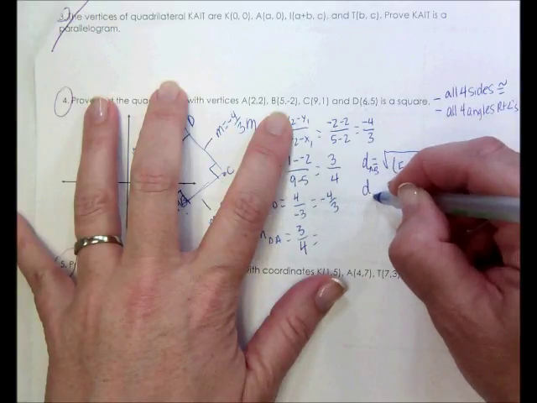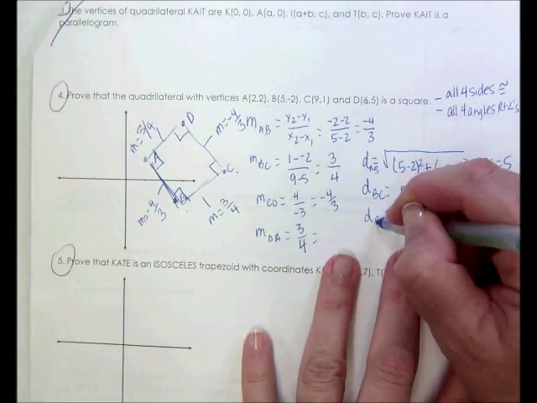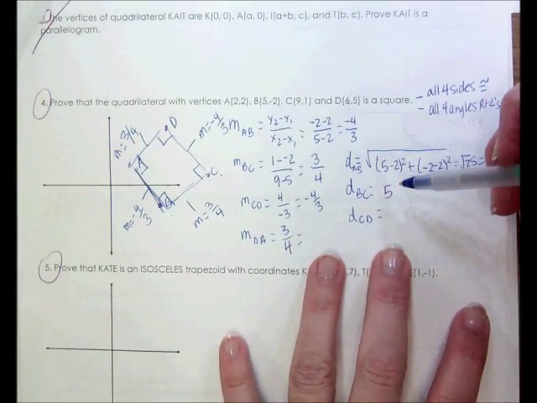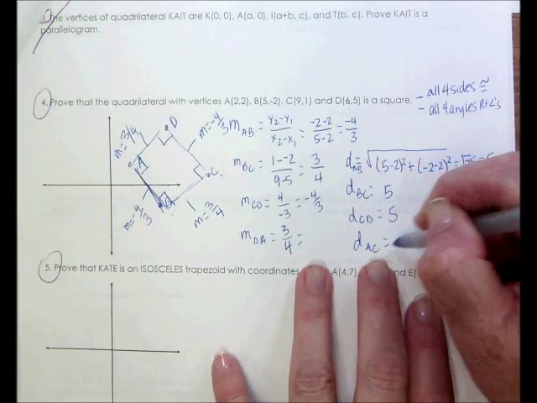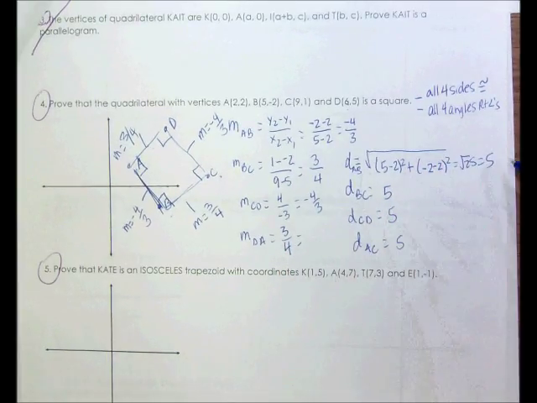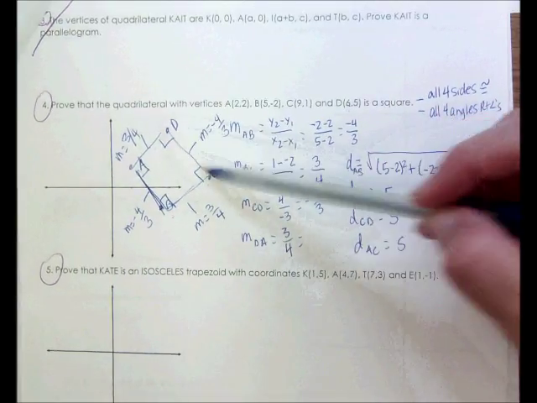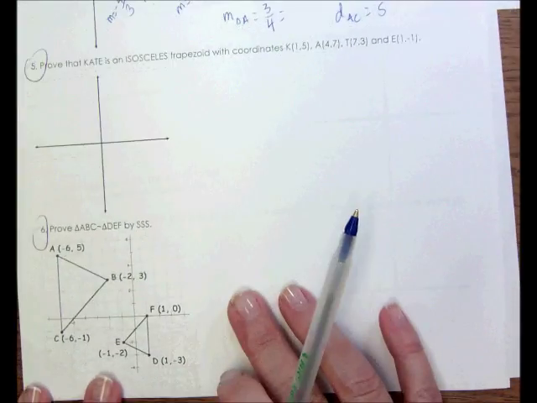And as you are doing this, you will find that every one of the sides is equal to 5, but you have to work it out. For the sake of a long video, I'm going to leave it out, but you can write the distance formula or use the Pythagorean theorem to solve for the hypotenuse.